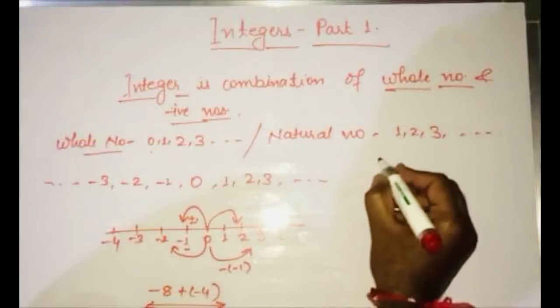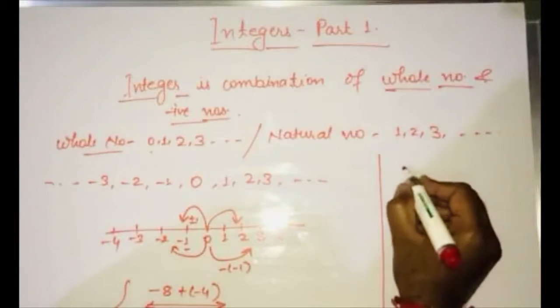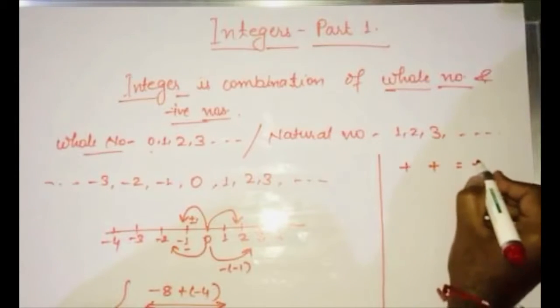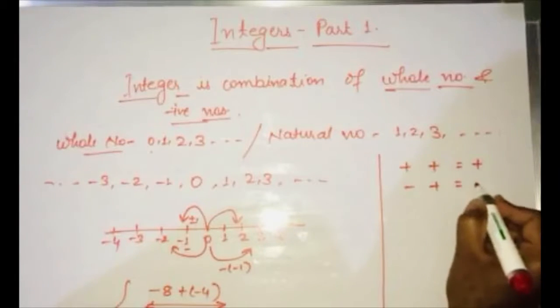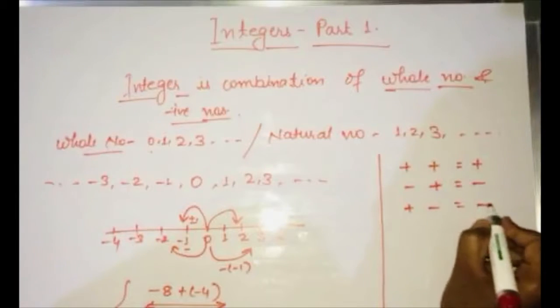To understand it, just look here, it may seem a little difficult. If you are doing plus and plus, your answer will be plus. If you are doing minus and plus, your answer will be minus. When you are doing plus and minus, your answer will be minus.